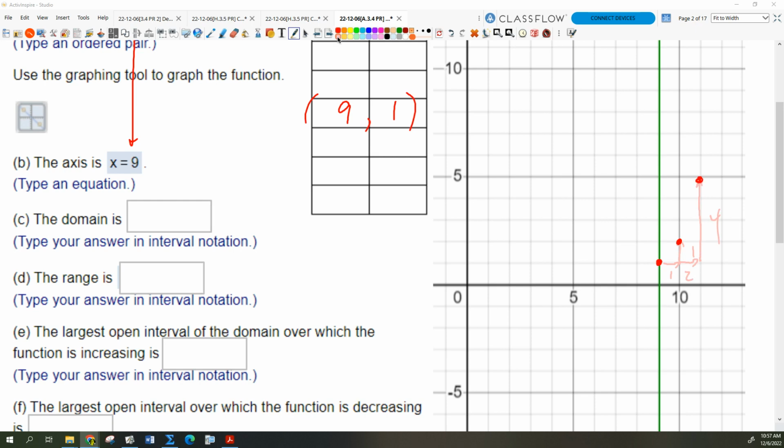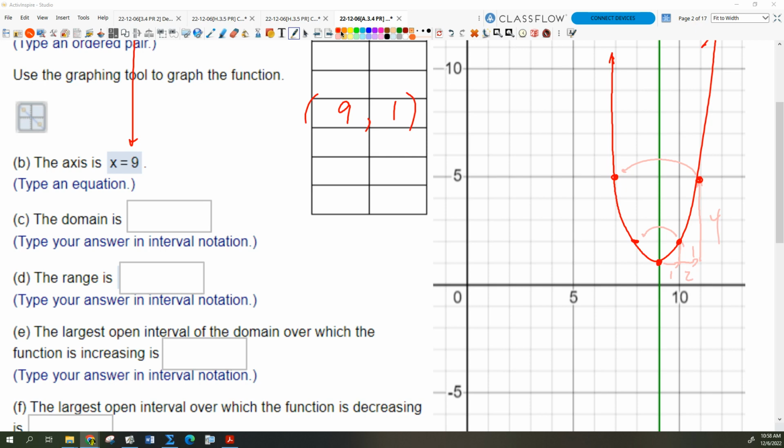And if I were graphing this on paper, I could just take those points and reflect them over my axis of symmetry to get free points on the other side. And now all I've got to do is just connect those with a parabola, right? Okay, make sense? Okay, let's keep going.